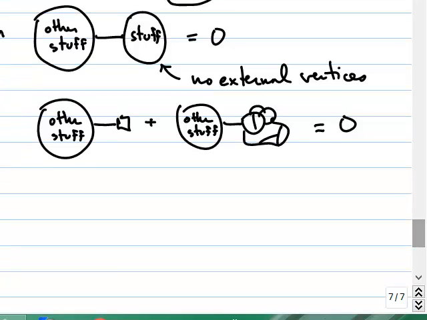So if you think about it, this means that there's another simple rule that we can use to simplify our Feynman diagrams.